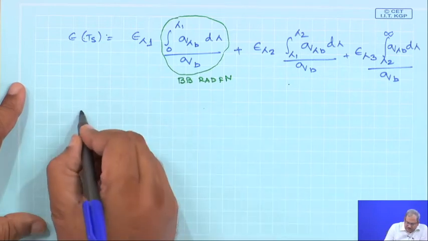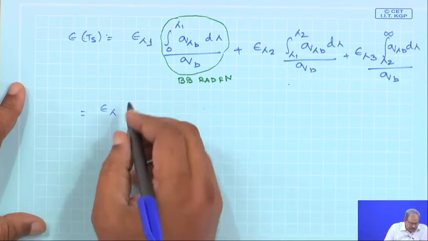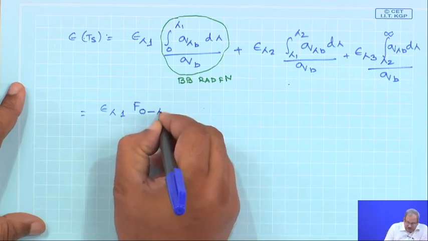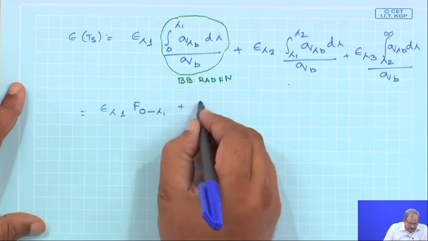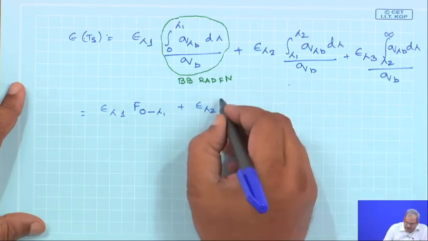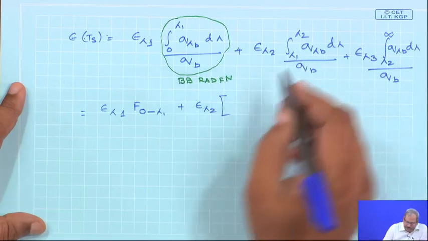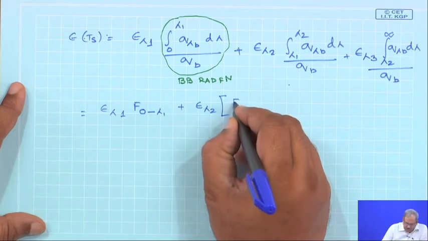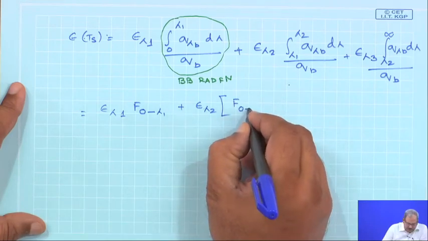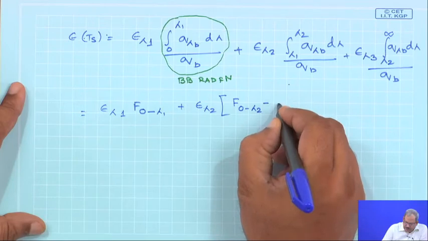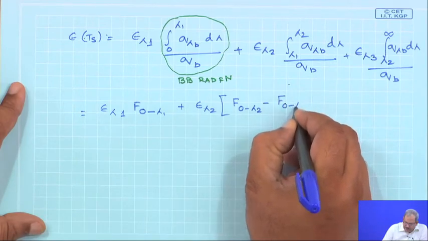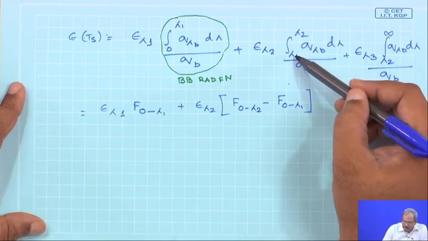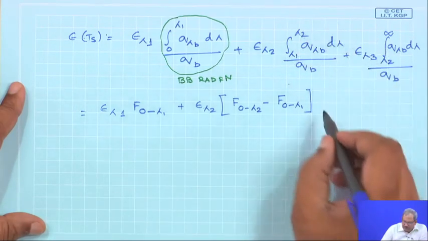So, this can be written as epsilon lambda 1 times f of the blackbody radiation function from 0 to lambda 1, plus epsilon lambda 2 times a term that can be divided into 2: from 0 to lambda 2 and 0 to lambda 1. The first one is the blackbody radiation function from 0 to lambda 2, and from that I subtract the fraction from 0 to lambda 1. So, this gives me the fraction of energy which is contained between lambda 1 and lambda 2.